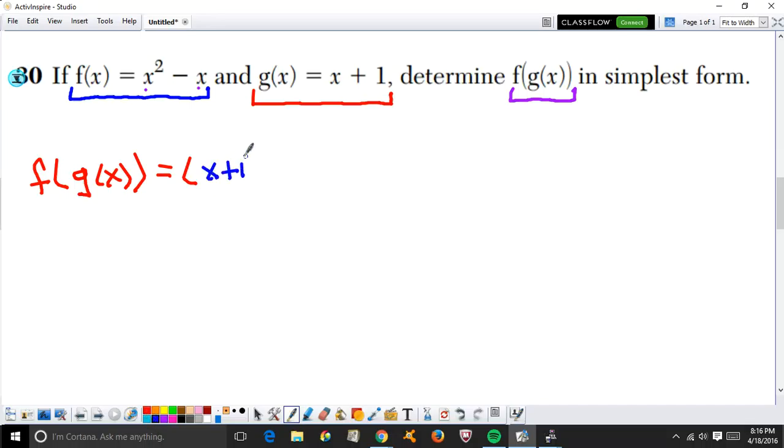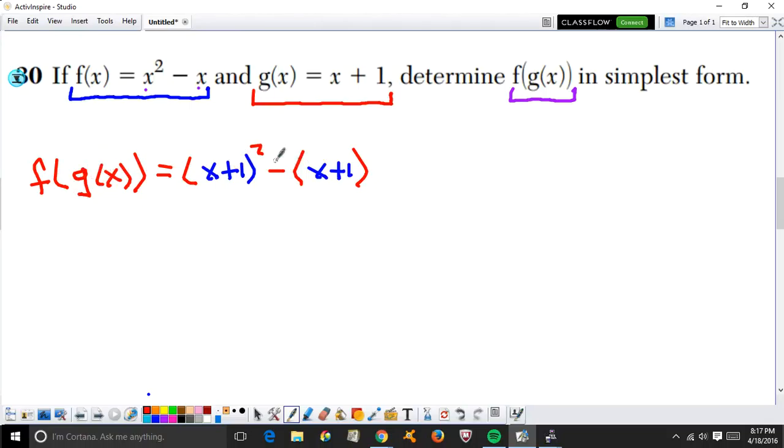So we got x plus 1 squared minus, I see an x again, I need to compose it with x plus 1. So f composition of g of x is this equation.